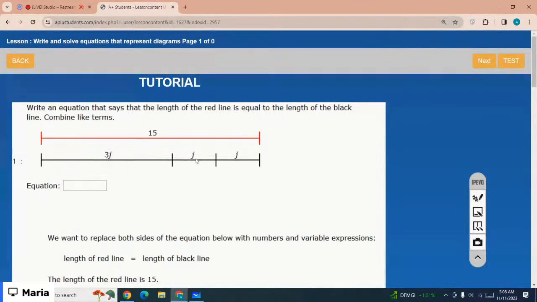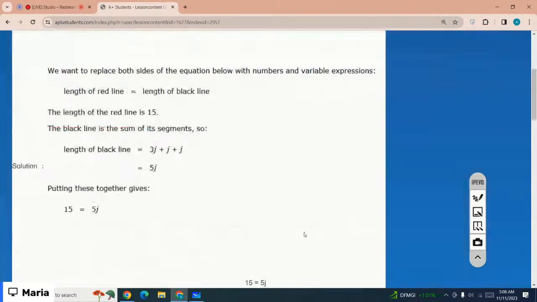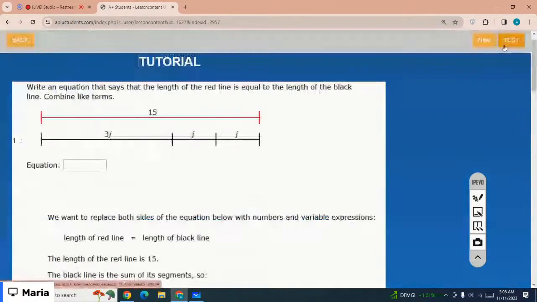You have three segments on the black line, but they all have the same variable, so you can collect them. 3j plus j plus j equals 5j. Both lines are exactly equal, so 5j equals 15. So the equation is 5j equals 15. Let's start with the test questions.